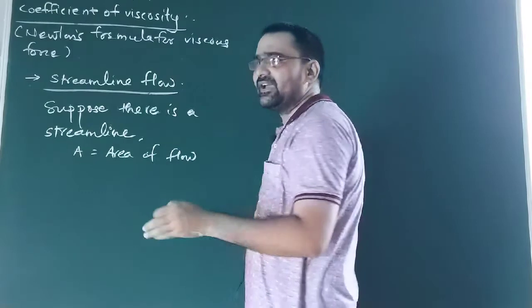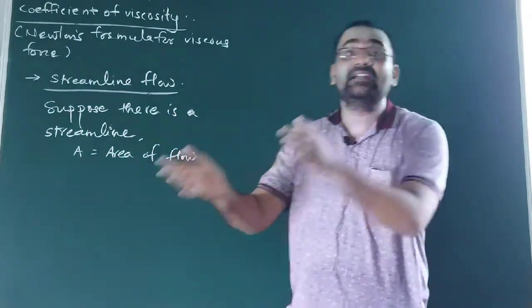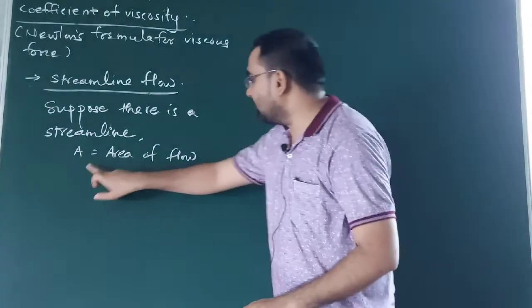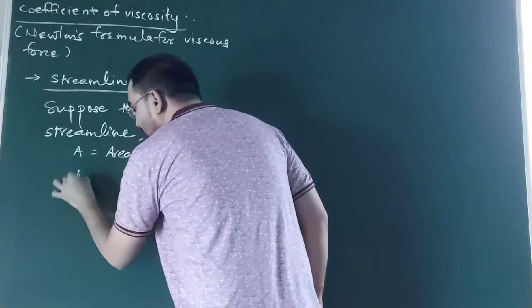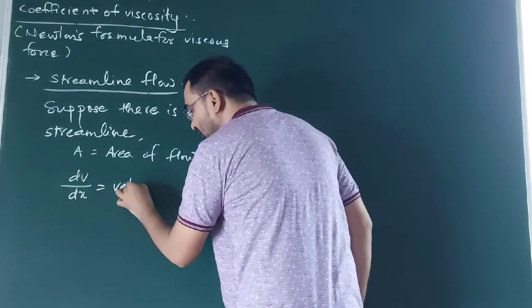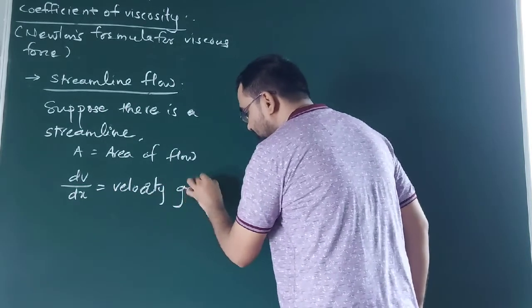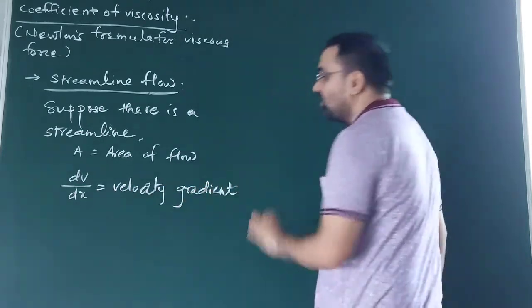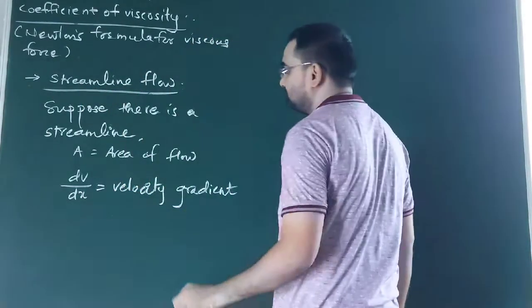So if I say it is flowing through a wide container, then the area of that container is A. Let dV by dx be the velocity gradient of this given liquid or flow.